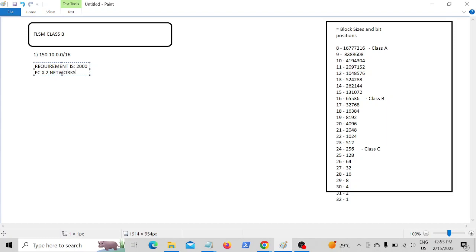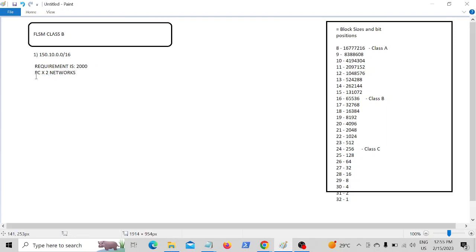So our requirement is 2000 and we should get two networks. Which will be the best block size and bit position?